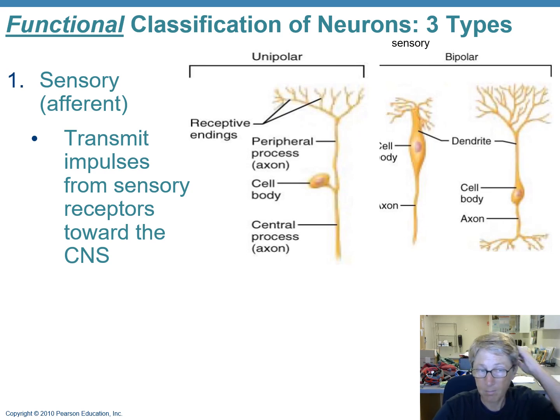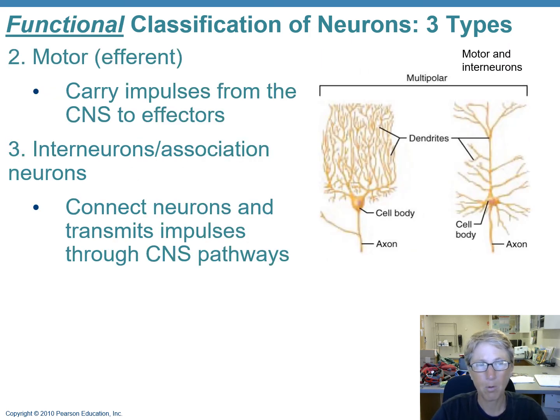Remember they're sensory afferent neurons. They transmit impulses from sensory receptors toward the CNS. So for example, your retina senses light. The type of sensory receptors are usually unipolar and bipolar.